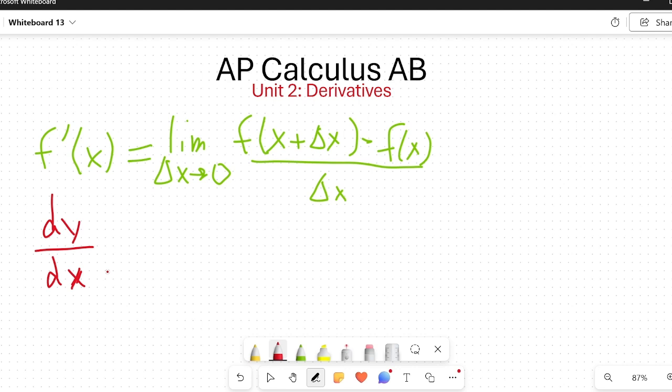These two are called differentials: dy is a differential and dx is a differential. So in Unit 6, we are going to be learning how to split these two differentials, take integrals, things like that, in order to solve a variety of different equations.